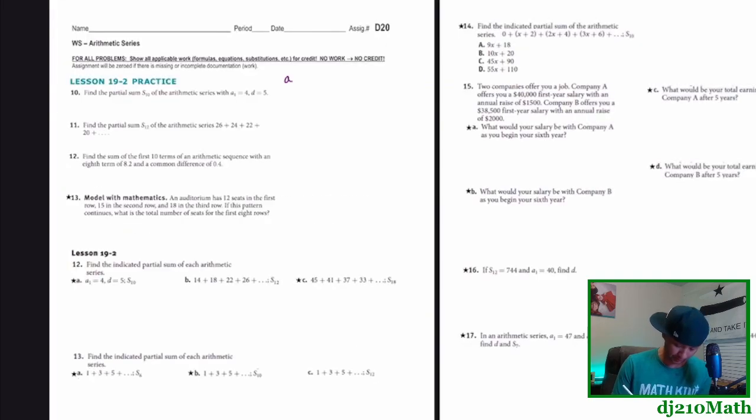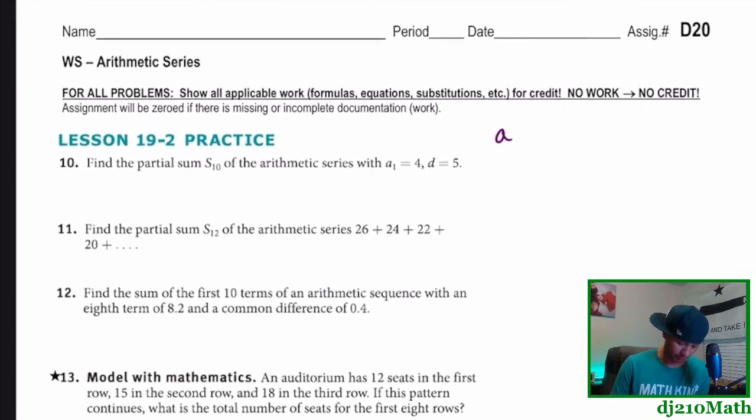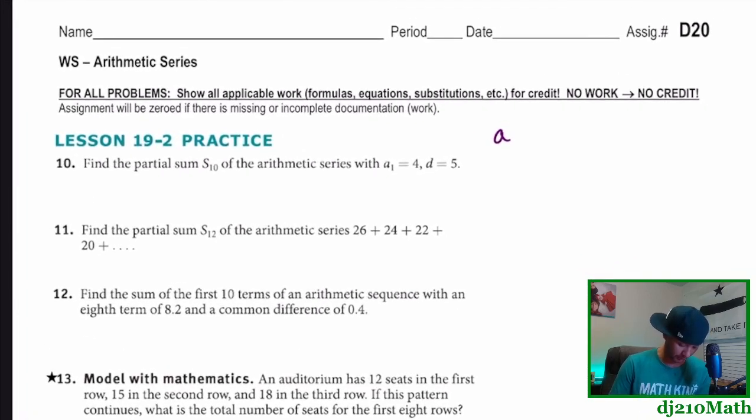So a sub n, any term, or technically not any term. The sum of the partial series is going to be, so this is arithmetic, so it's going to be n divided by 2 times the first term plus the nth term.